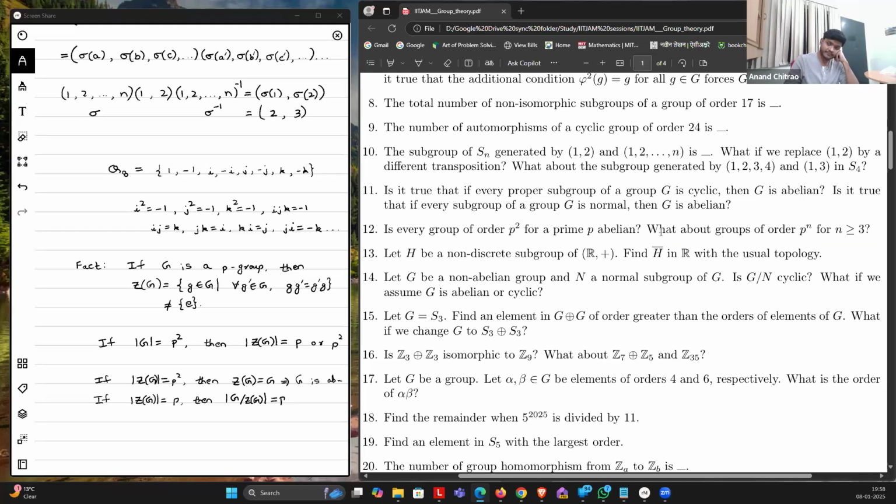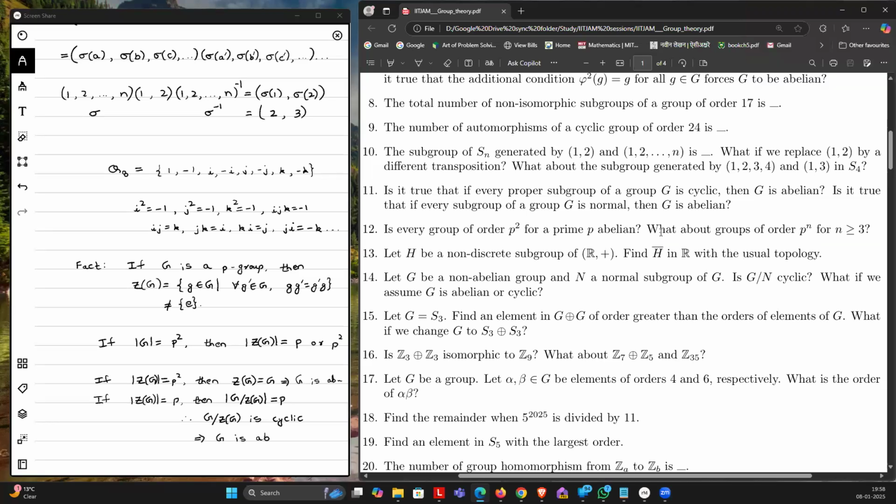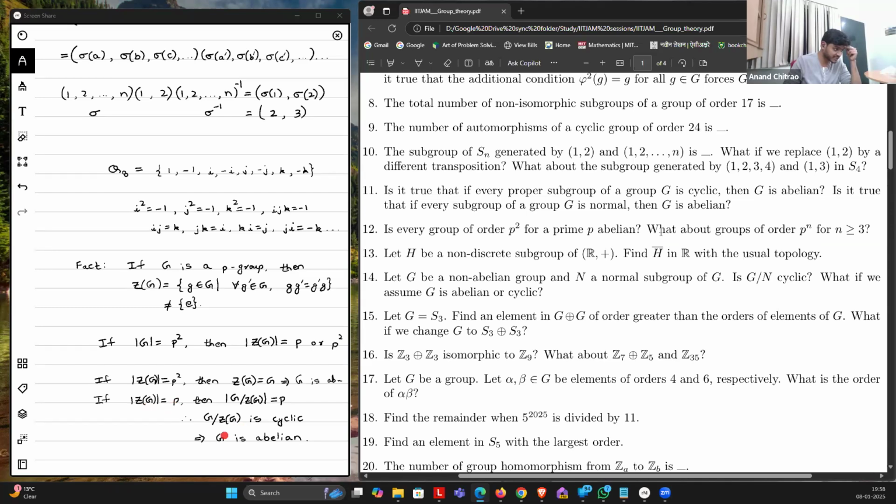The cardinality of this is p, so therefore G mod ZG is cyclic, which implies G is abelian. Okay? So this case cannot happen is the point. The cardinality of ZG cannot be equal to p. Otherwise, some things break.